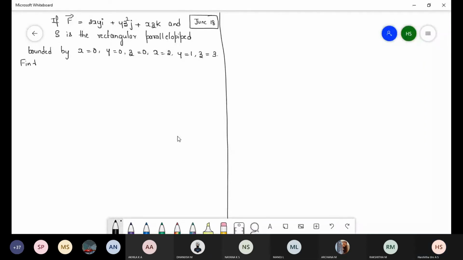Find the flux across surface S. So here let us start the solution.